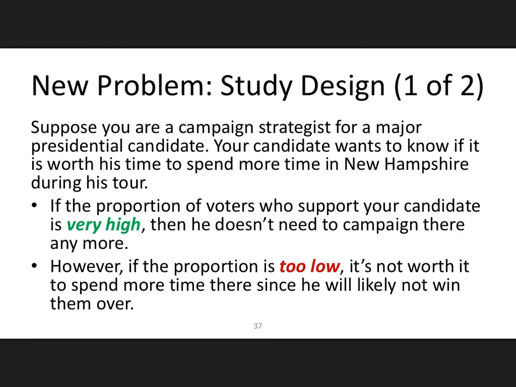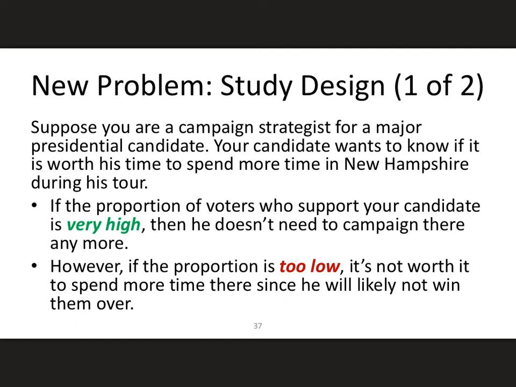Let's look at a new problem. We have a study design. Suppose you are a campaign strategist for a major presidential candidate. Your candidate wants to know if it is worth his time to spend more time in New Hampshire during his tour. If the proportion of voters who support your candidate is very high, then he doesn't need to campaign there anymore.